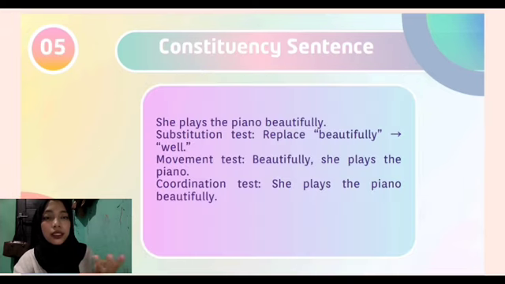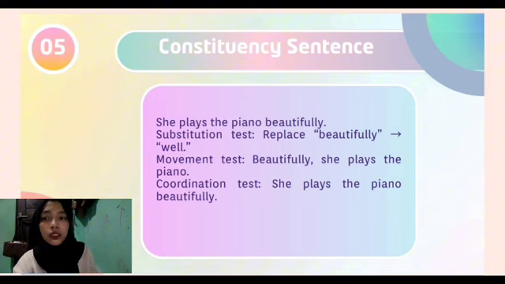And the third example is "she plays the piano beautifully." NP is "she," VP is "plays," NP is "the piano," adverb is "beautifully." Each phrase, noun phrase, verb phrase, or prepositional phrase plays a specific role. Understanding this structure helps us see that sentences are made of smaller, meaningful parts.